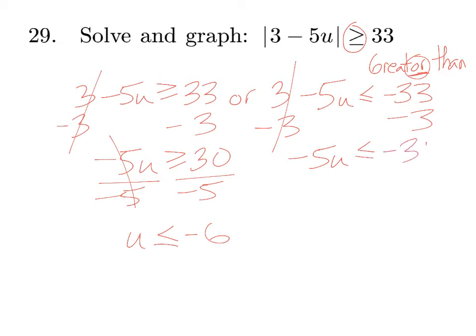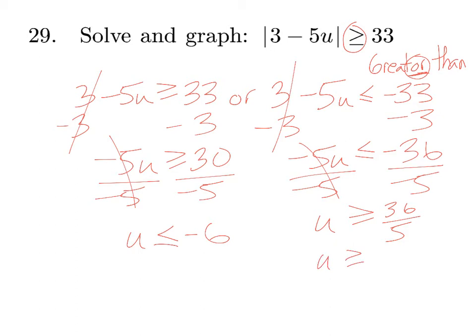Now I'm dividing by a negative once again, so I have to flip that sign around. And 36 divided by 5 is 7 1/5.